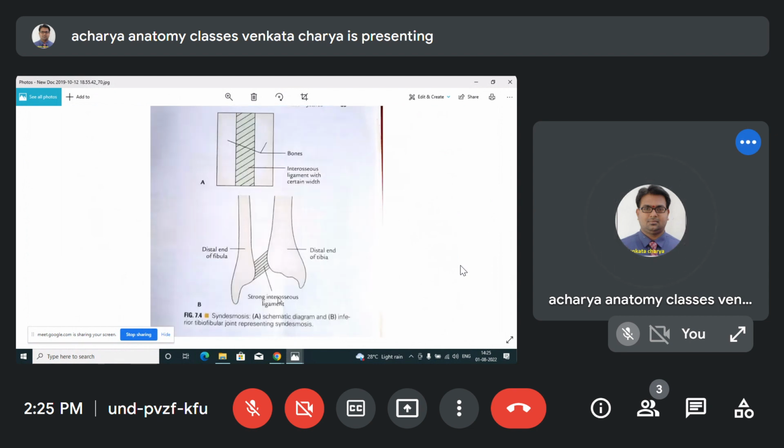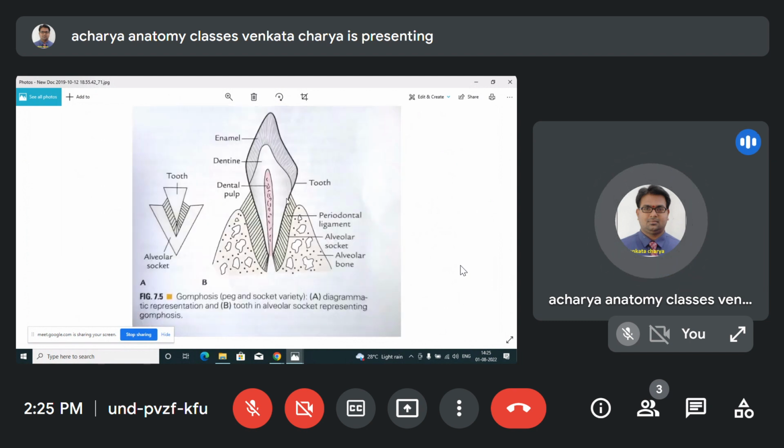Next, gomphoses. See here, gomphoses means the alveolar socket, the teeth socket. In the teeth socket there is a tooth. The tooth communicates with the socket through fibrous material, so that's why it is under fibrous type.